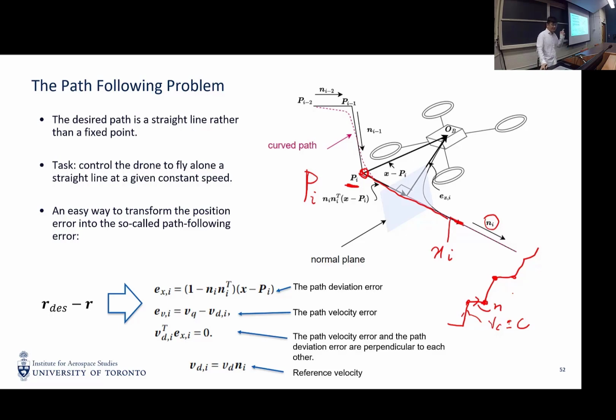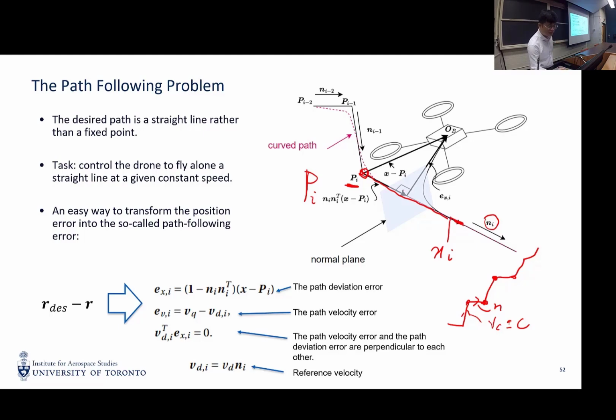Previously, for the position stabilization task, we wanted the position error to converge to 0. But right now, we want the drone to converge to a line rather than a point. So we do not need the complete position error, only a part of it.